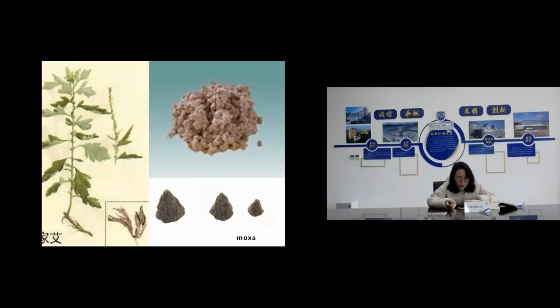Here is moxa. The moxa leaves are picked in spring, then dried under the sunshine, then smashed to make the moxa cone and moxa stick.